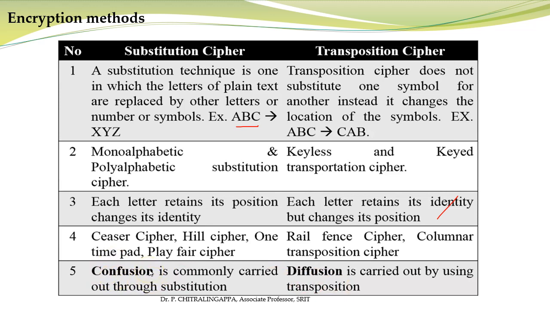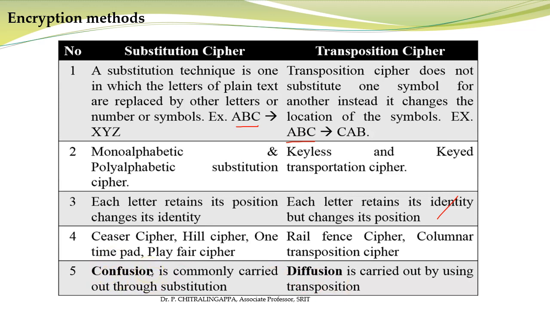This is called substitution. A transposition cipher does not substitute one symbol for another. Instead, it changes the location of the symbols. The same letters are reordered. That is called transposition.